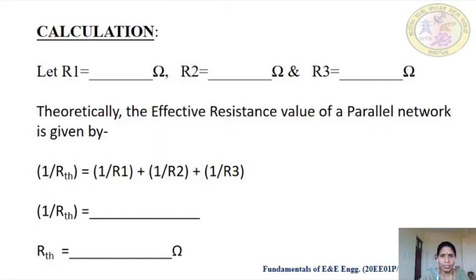The effective resistance of a parallel network is given by the reciprocal of the resistance is equal to the sum of the reciprocals of the individual resistors. So that is calculated and written as RTH.